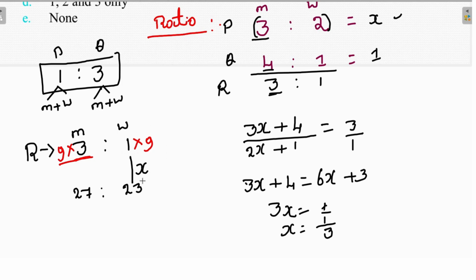After adding some liter of water, 27 liter milk is still there because I have not added or removed any milk, but after adding water the 9 becomes 23. So how much did we add? We added 14 parts water.